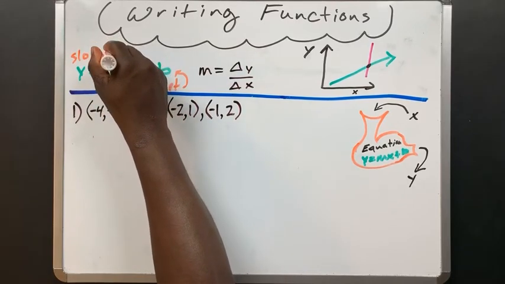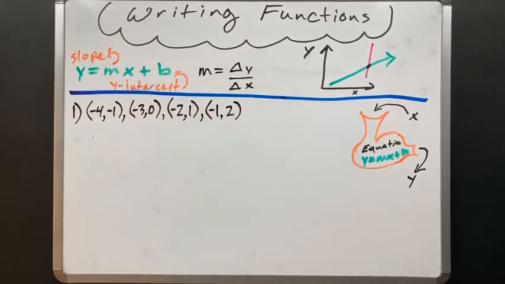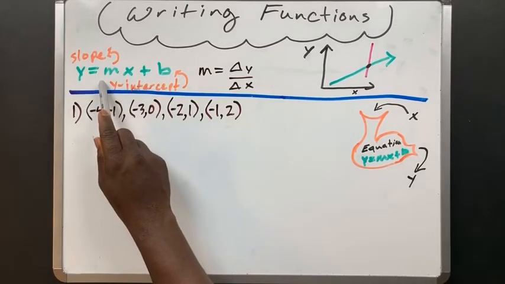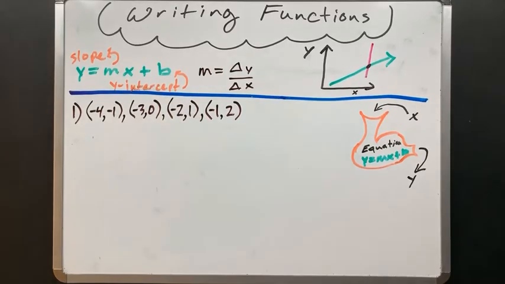M is the slope, so don't confuse the slope with x or y, okay? Now we have defined the parts of the equation. We call it the slope-intercept equation, all right? Why do we call it the slope-intercept equation? Because you can easily identify the slope and the y-intercept.